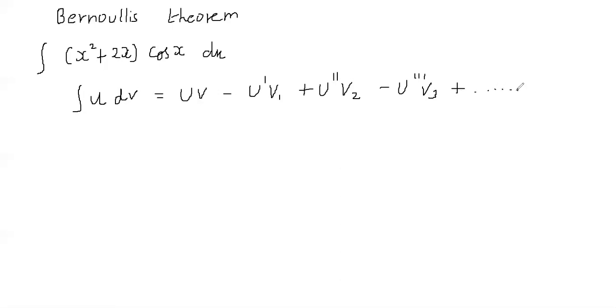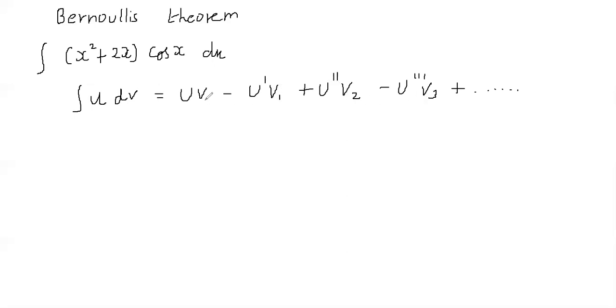One of the important things is what we are going to select as u and what as dv. It is a little bit of a tricky task, but if you understand Bernoulli's equation, it will be very simple. This equation continues, so you select two terms, one as u and another as dv. u becomes u dash, u double dash, u triple dash, that means it is getting differentiated. v becomes v1, v2, v3, that means it is integrating.